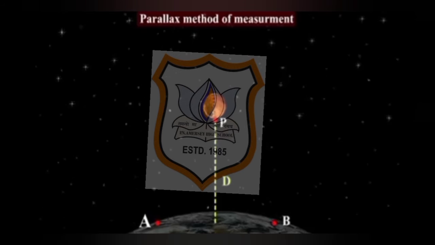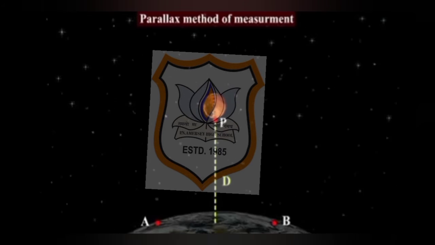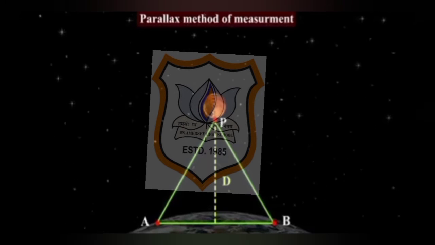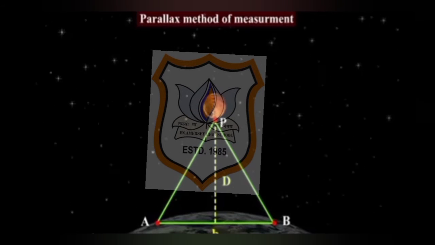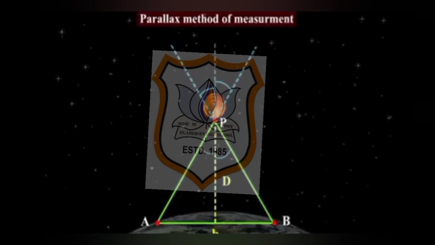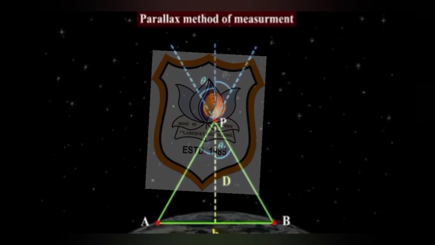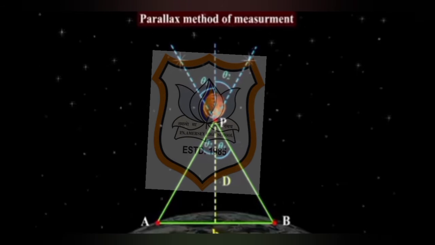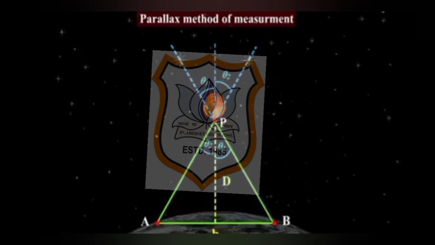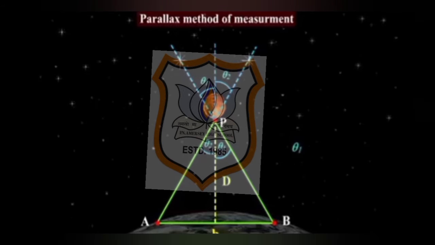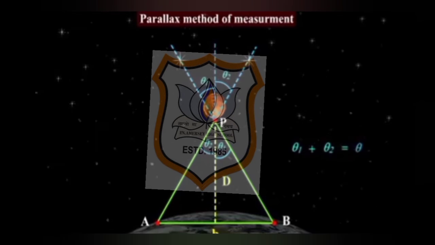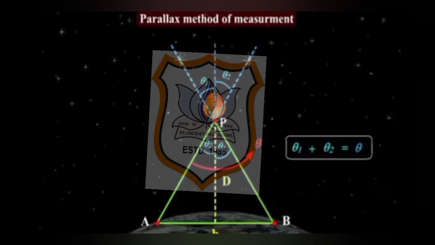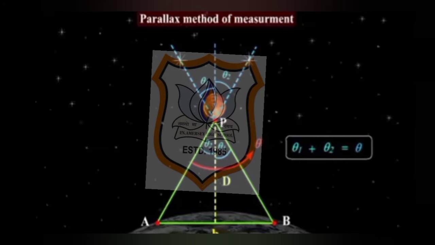Knowing the positions of A and B, we have, as you can see, the value of the base of this triangle, b. From A and B, the parallaxes θ1 and θ2 of the planet with respect to some distant star are also measured. Using the values of θ1 and θ2, we have the total parallax subtended by the planet P on Earth as theta.